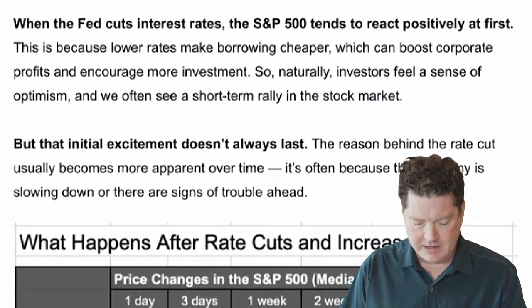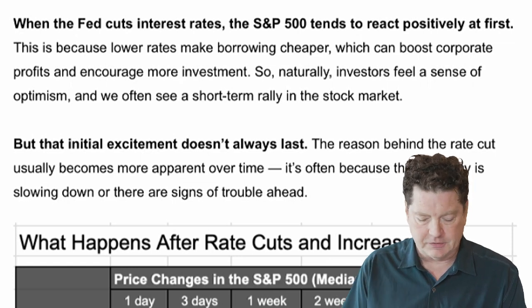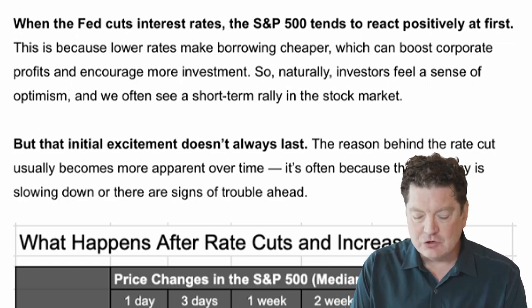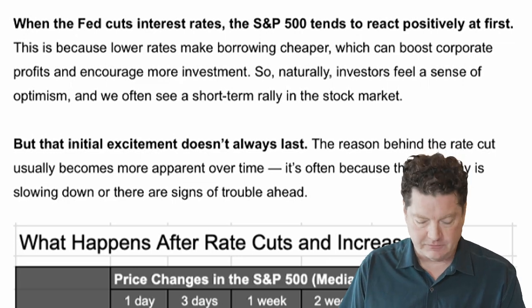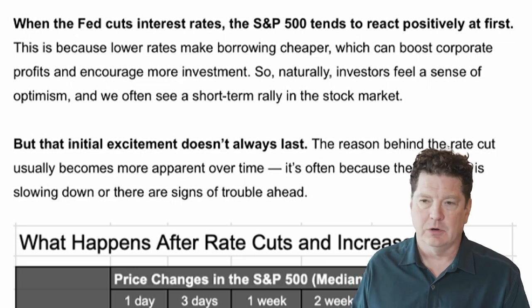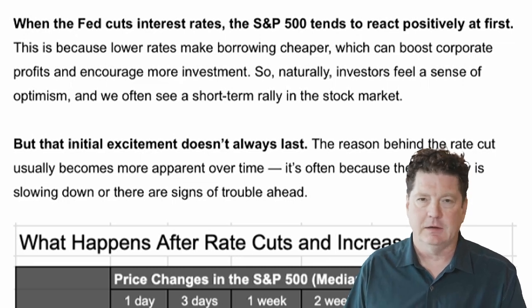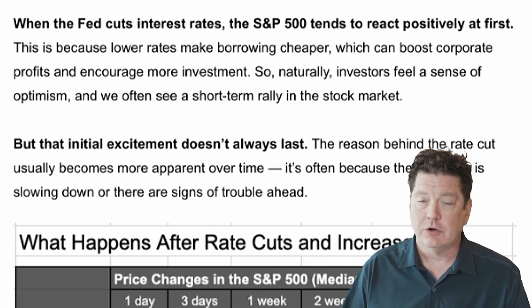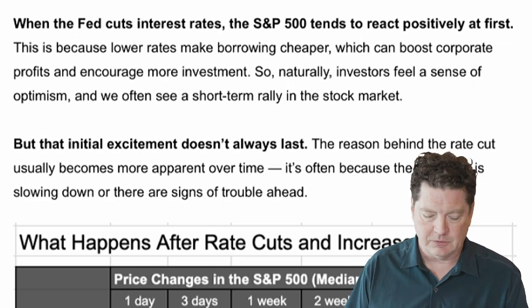The rationale, as the guys pointed out here, is that when the Fed cuts interest rates, the S&P tends to react positively at first because it might be cheaper to borrow money, therefore companies can invest, and cash that's earning a higher interest rate is now not earning as high an interest rate, so it flows into equities.